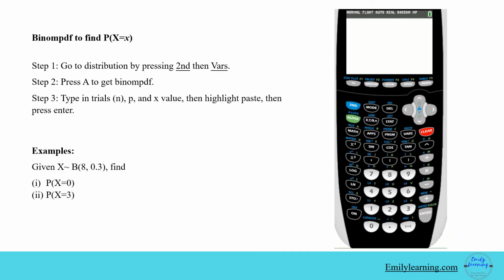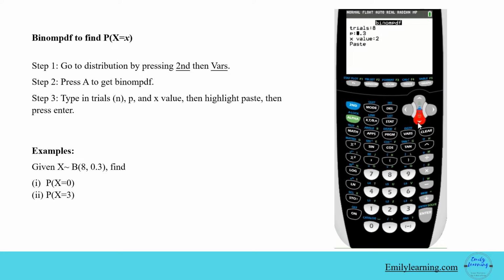Now let's do part 1 together. What we need to do is to go to distribution. Go to Binomcdf, which is A, so I'll press alpha math. Now I'm at Binomial PDF. Now n, which is the number of trials, is 8.